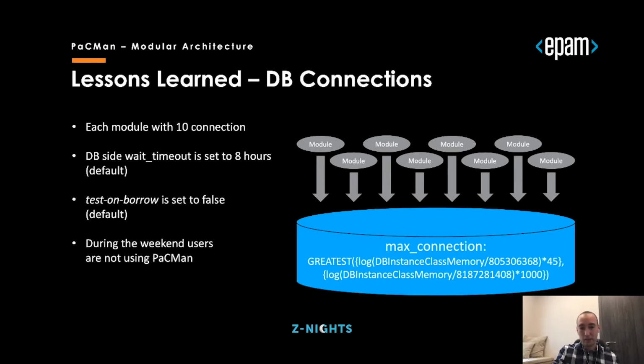During the weekend, our modules one by one are crashing because everything is running out of DB connections because of inactivity. So it's like a Formula One car. You cannot go too slow with it. If you are going too slow, you are killing it. So it turns out if you are not using our application with these settings, it goes down. Again, production issue, we learned it the hard way.